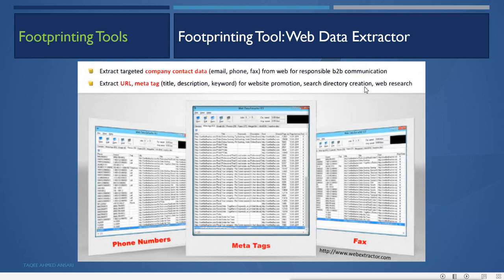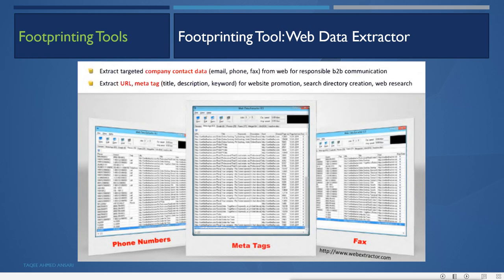So it is also helpful to find out important information. These are also graphical tools. You just have to put in the data, the organization IP and name, and then the website name, and it will scrape the website. You can do it manually also, but it will take lots of time, but this tool will do it for you, and it will extract the information: email, phone number, fax, title, descriptions, keywords, everything from the site.